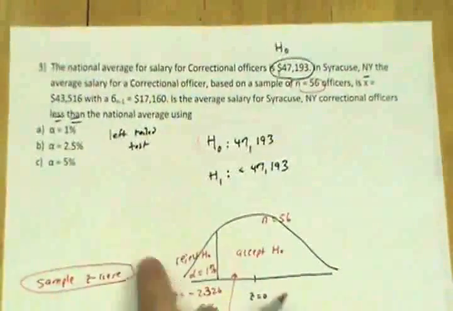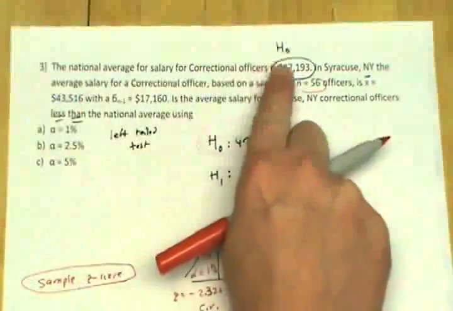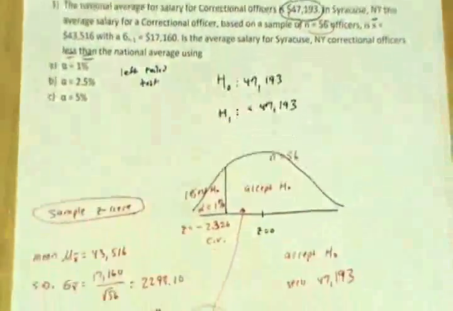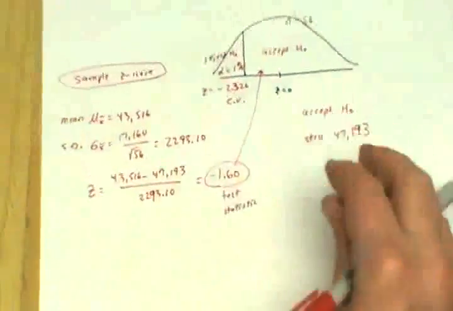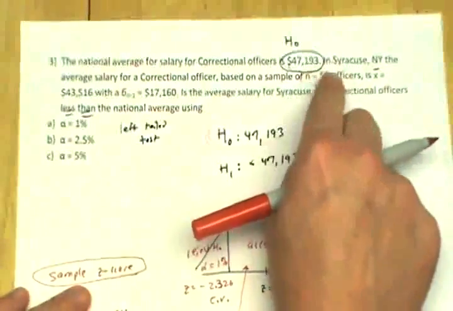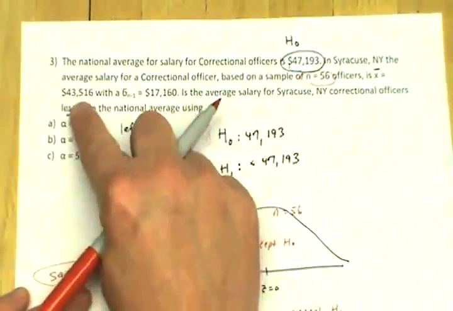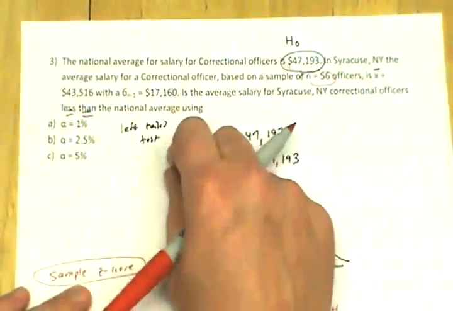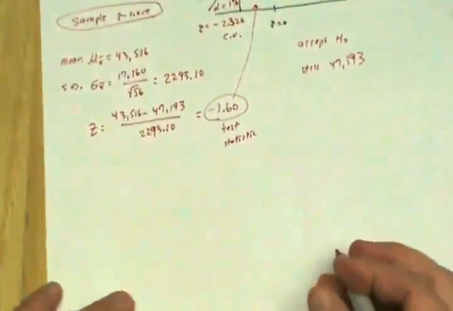So even though in Syracuse they said the average is 43,000, it's not significantly lower than the national average. So you would say, nah, it's still pretty close to the national average. Okay. And why people say, well, no, that's based on a sample. So that's why this whole thing. If they had asked all corrections officers in Syracuse, and you got back that, then you wouldn't do a hypothesis test. A hypothesis test is done when you have a sample, because samples aren't foolproof.